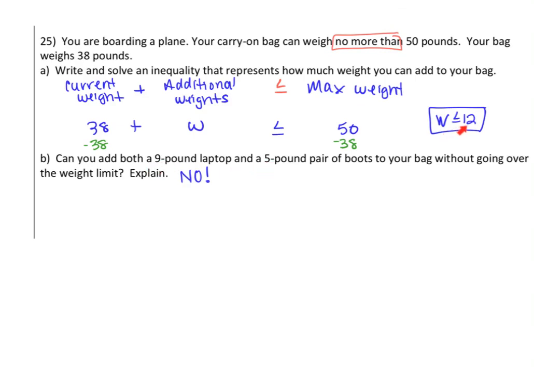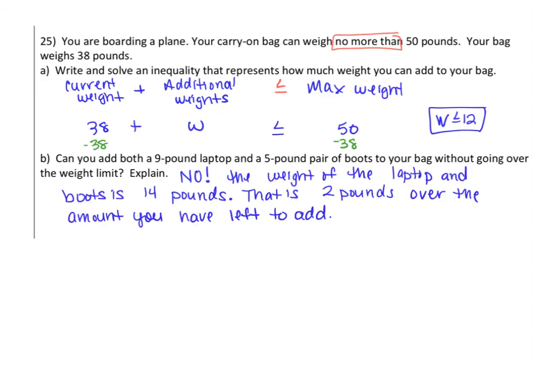You can only add 12 pounds or less, so that would be 2 pounds over. If you plug 14 into your answer, 14 is not less than or equal to 12. This is not true. So when you plug your answer in, if it's not true, then you have a false statement confirming that the answer is no.